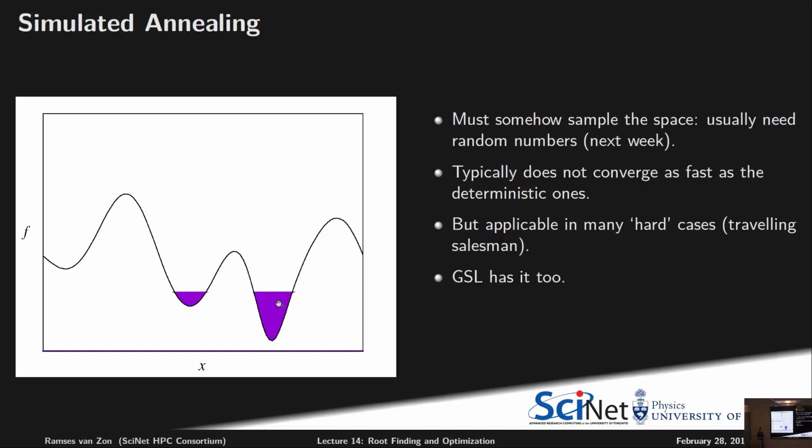But if I manage to do that, if I manage to explore the space, and we'll see how we can do that with random numbers next week, I have a way better chance of finding the actual minimum than by just trying these minimization routines.